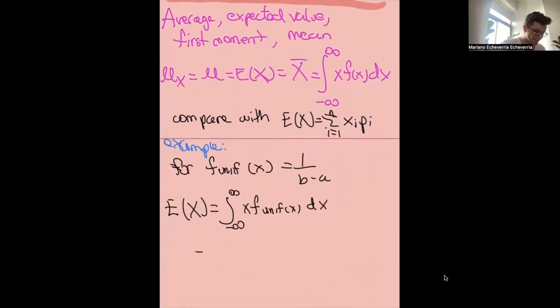That's just the integral from a to b of x times 1 over b minus a dx. And that's not too difficult to find. That's just b plus a over 2, if I'm not mistaken.